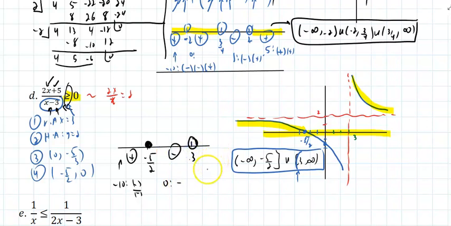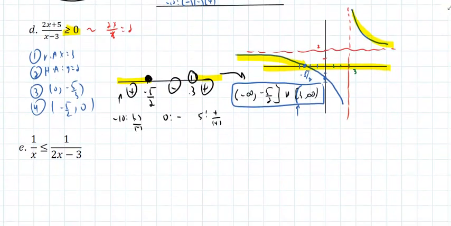And a point to the right of 3, say 5. 20 plus 5 is positive, or 10 plus 5 is positive, and denominator 5 minus 3 is positive, and there it is. And where is this positive? It's positive here and here, which I already listed.